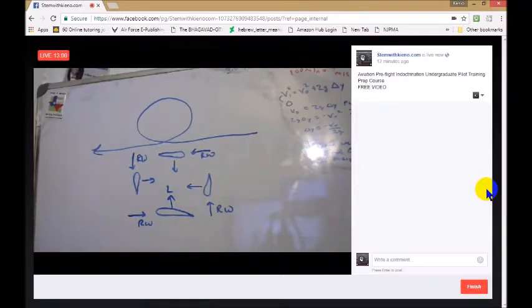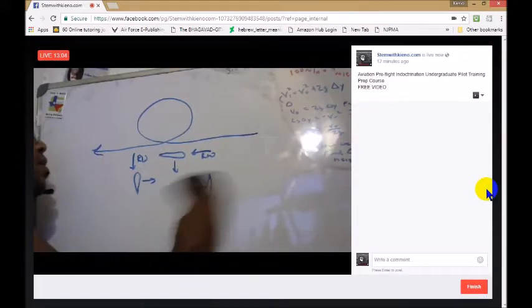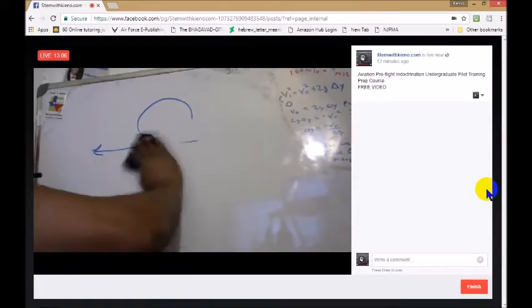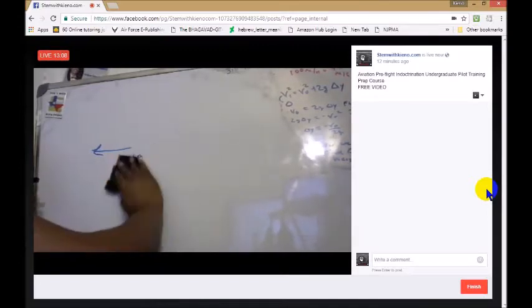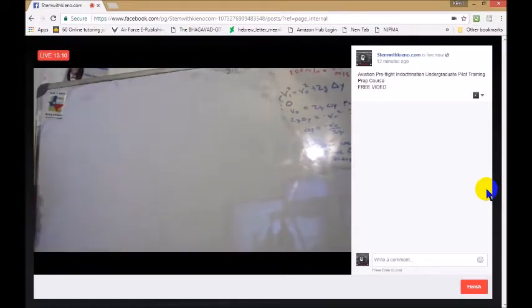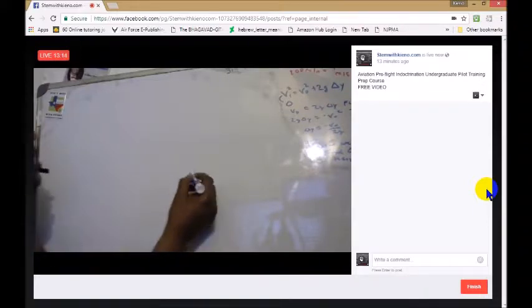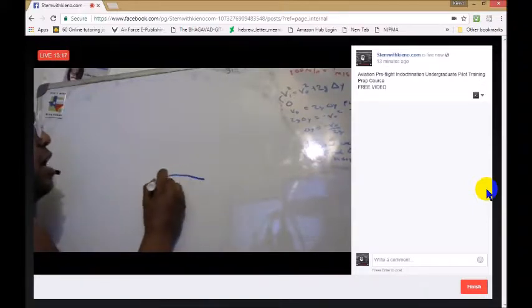Okay, let's talk about lift and factors that affect lift. The lift produced by a wing is a function of speed. So here's our wing from a side view.